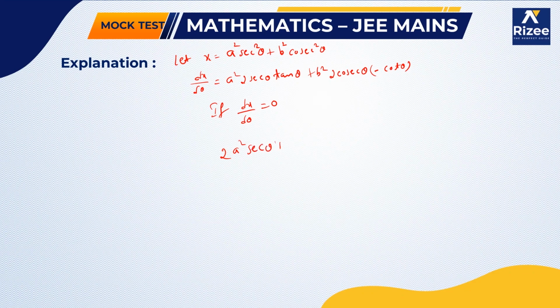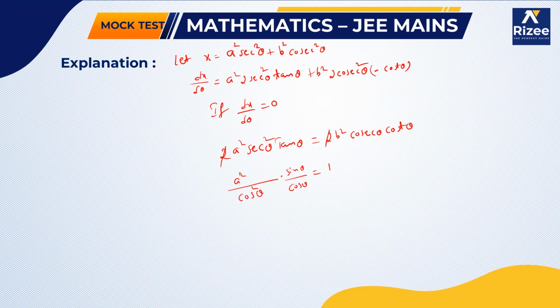2 gets cancelled. a square by secant theta can be written as cos theta, so cos square theta sin theta by cos theta, next b square is equal to sin cube theta into 1 by sin theta, cos theta by sin theta.